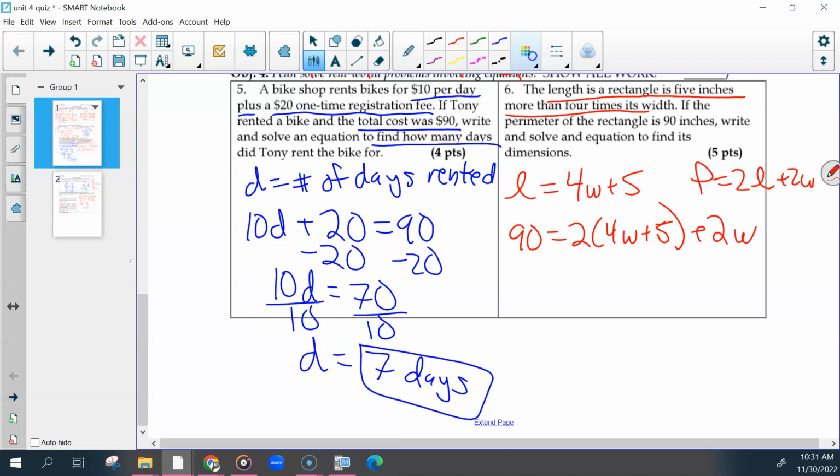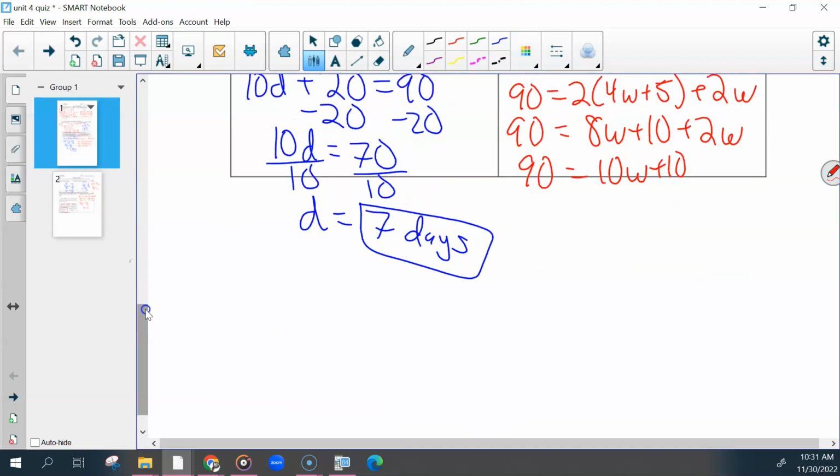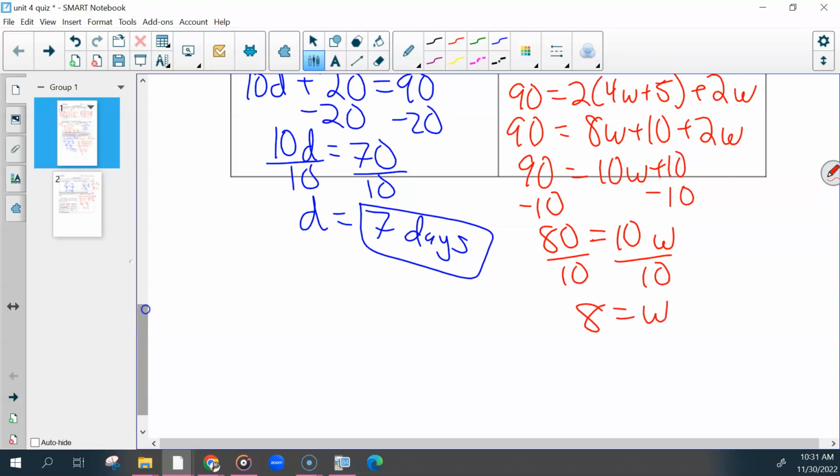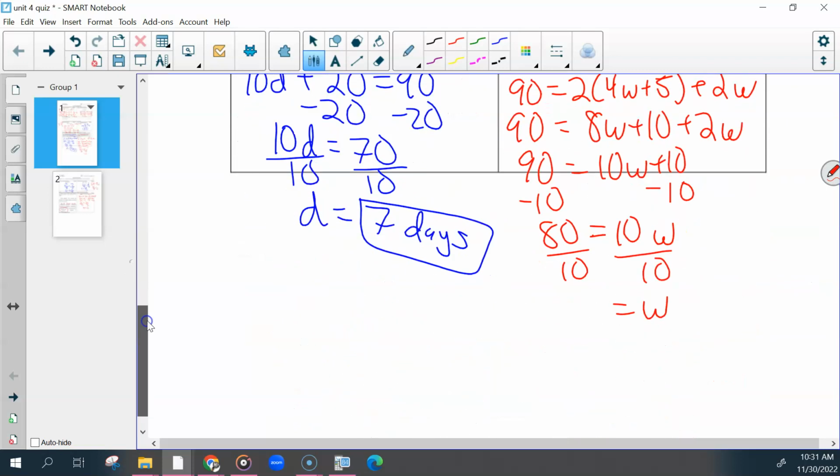And then solve. Combine like terms. Get rid of the 10 by subtracting and divide. And then here our measurement was in inches. So make sure you put 8 inches. So finding W was worth 1 point, solving was worth 1 point.